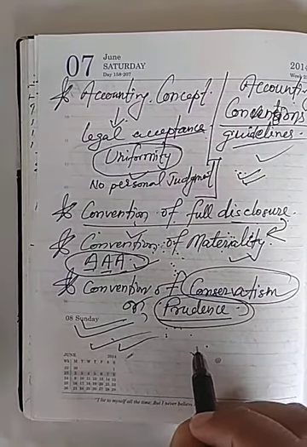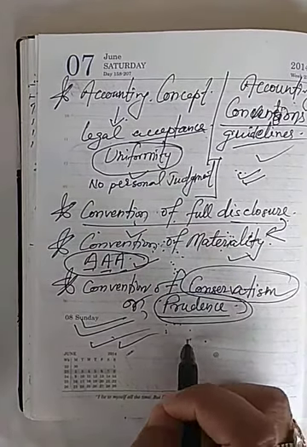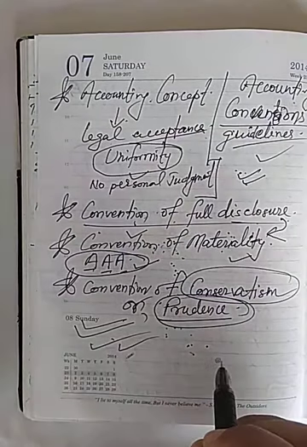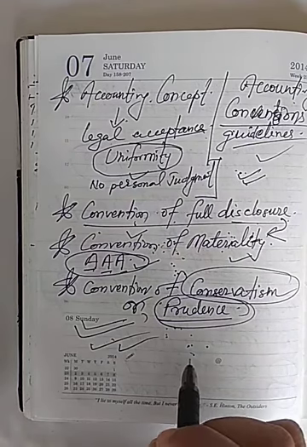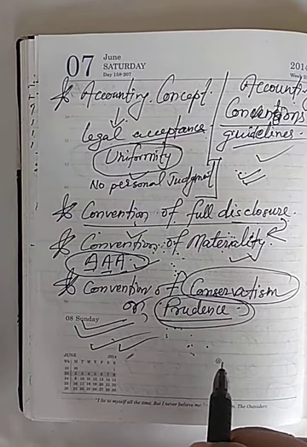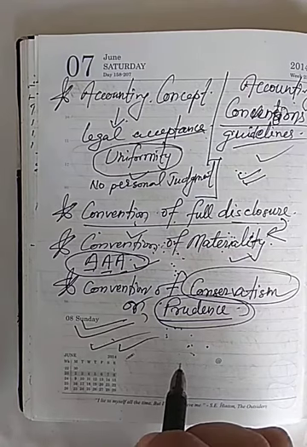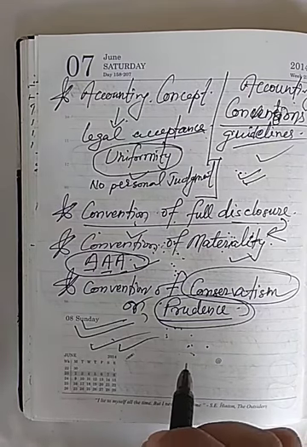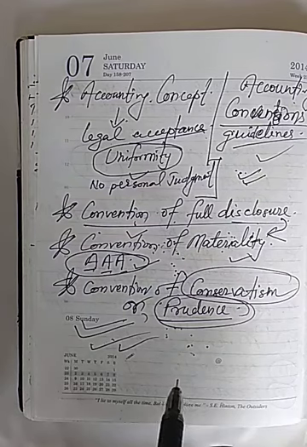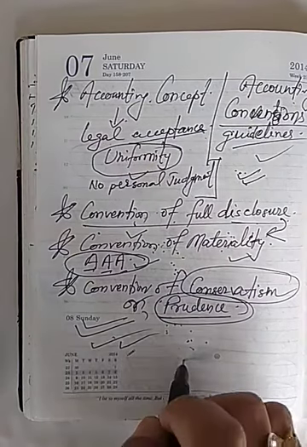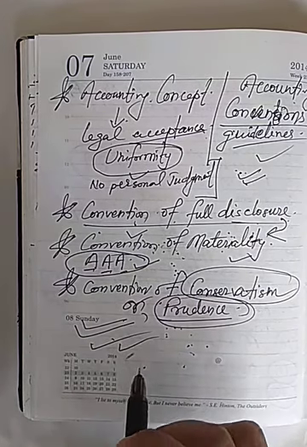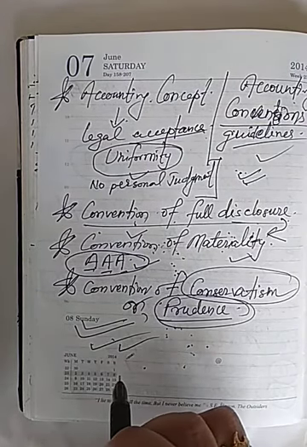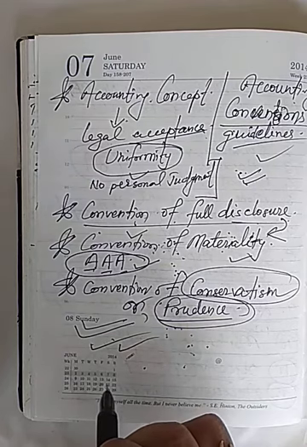In other words, conservatism is the policy of playing safe. Provision is made for all known liabilities and losses, even though the amount cannot be determined with certainty. Likewise, when there are different alternatives for recording a transaction, the one having least favorable immediate effect on profit or capital should be adopted.